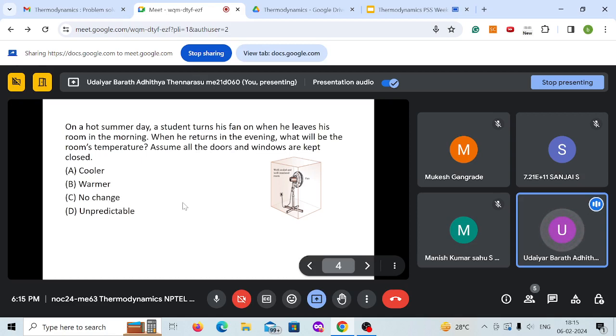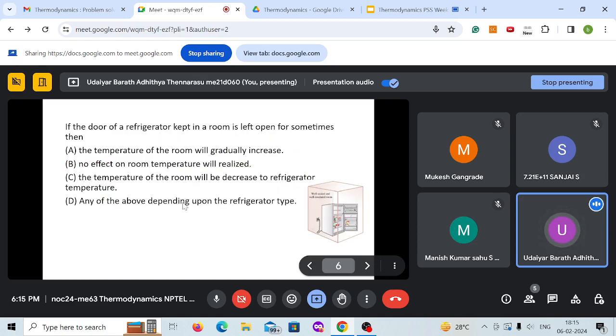So this was a case where the fan was running. What do you think will happen when a refrigerator is on and you open the door? Now the refrigerator is running, and because it's cooling, you think the room will be cooling. So what do you think will happen when a refrigerator is on with the doors open? A similar question. There the fan was on, now your refrigerator is on, but the door is open.